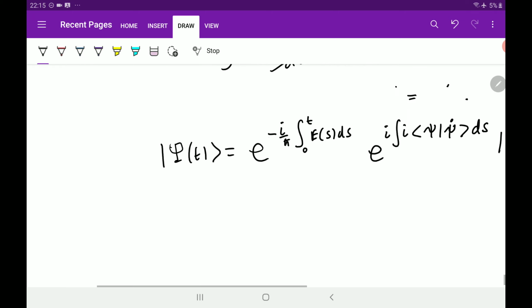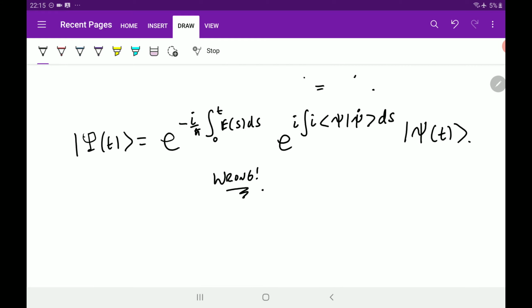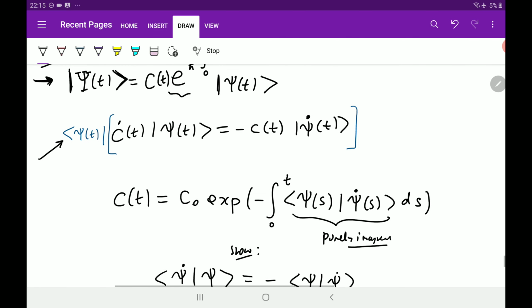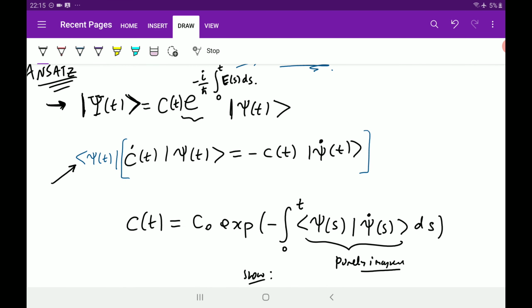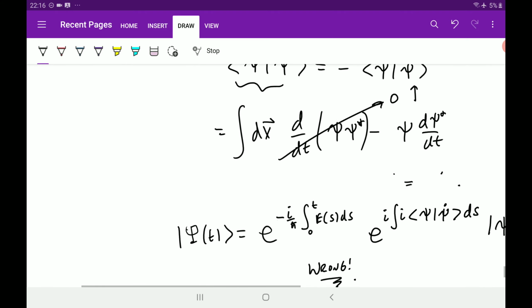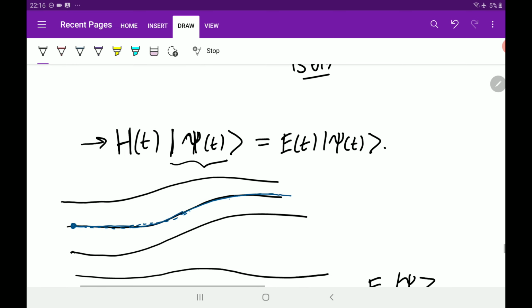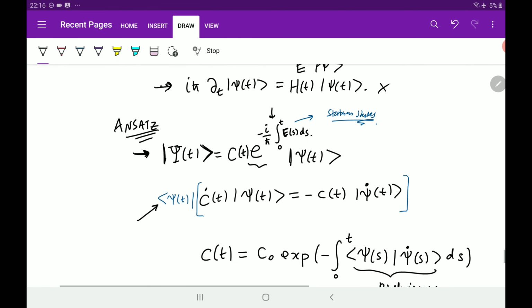Of course, this is wrong, because we didn't actually input the fact that our Hamiltonian was slowly varying. Otherwise this would be an exact solution. Again, we went wrong by assuming this ansatz.